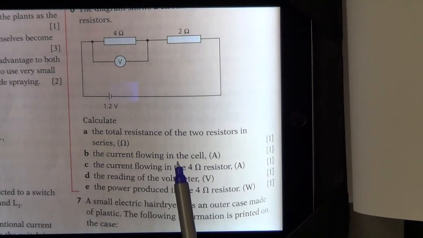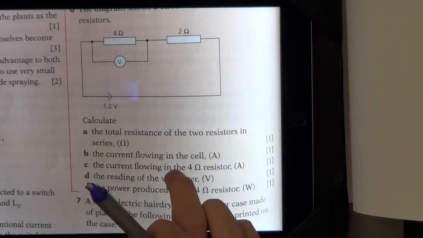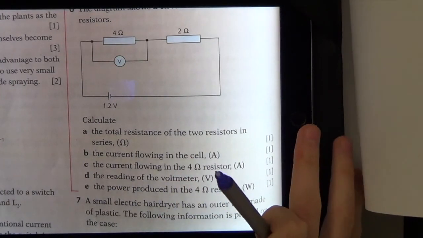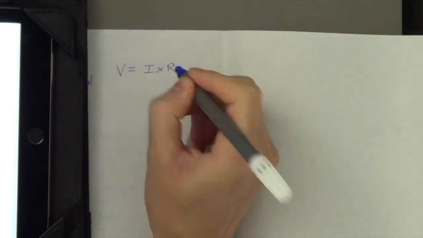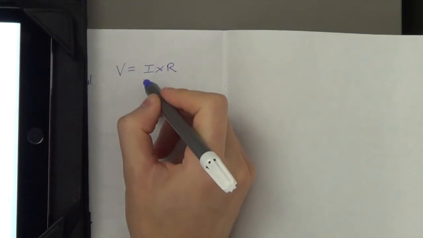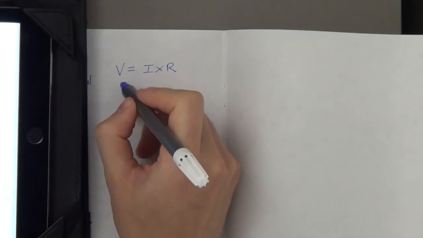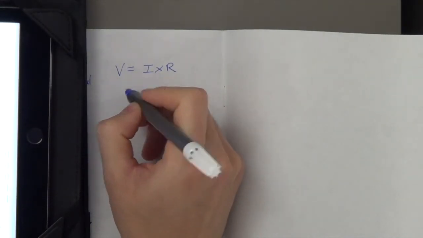The current flowing in the cell. Now we can use V equals I times R. We know the voltage is 1.2 volts from the diagram.